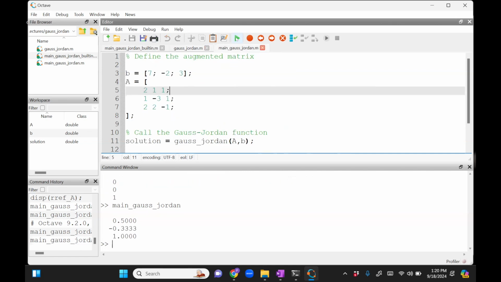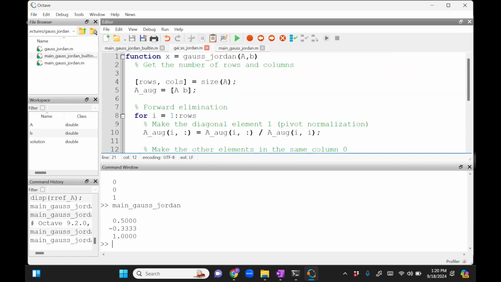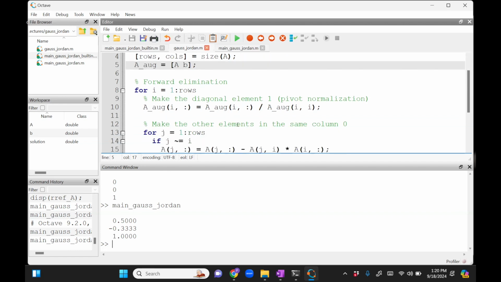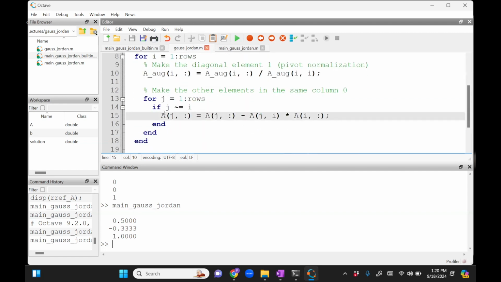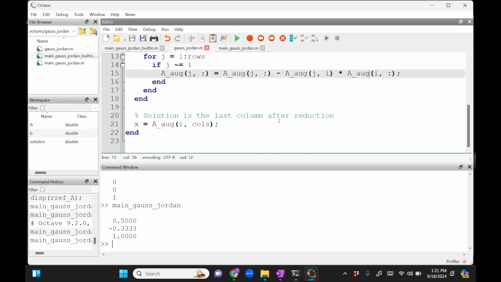Okay. Huh. It's a different answer. 0.5. Okay, anybody see the issue anywhere? Oh, here it is. I should have fixed everything. My bad. Okay, let's see if it works.